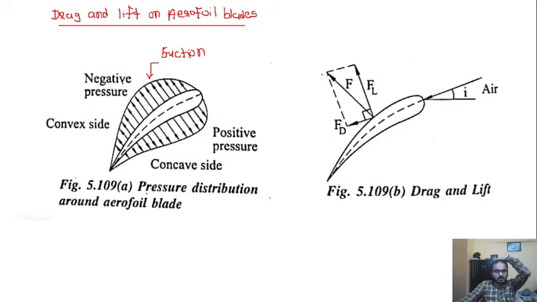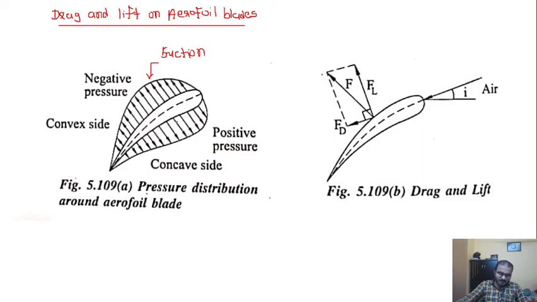Here low negative pressure is generated on the convex side, and if we observe the other side, the concave side, positive pressure is generated because the fluid particles try to hit this surface.